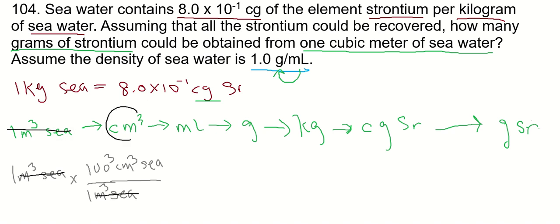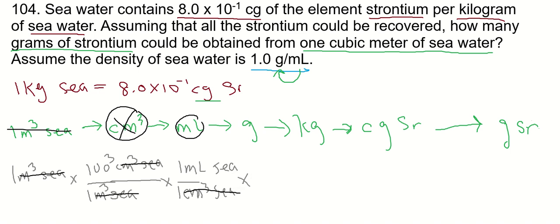We're here. So now let's turn that into milliliters, which is just a 1-to-1. So 1 cubic centimeter of seawater is equal to 1 milliliter of seawater. Let's cross that out. Cubic centimeters are gone. We're here. Now we can turn that into grams.